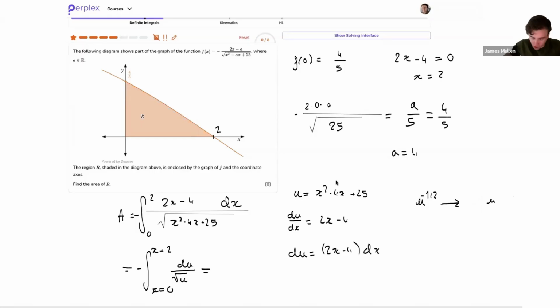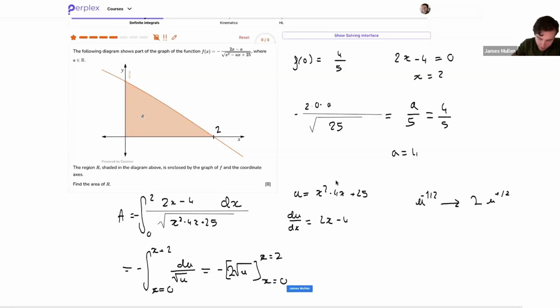And so the integral is just going to be u to the 1/2, with a 2 in front to cancel the 1/2 that comes down. Okay, so this becomes negative 2 square root of u from x equals 2 down to x equals 0.